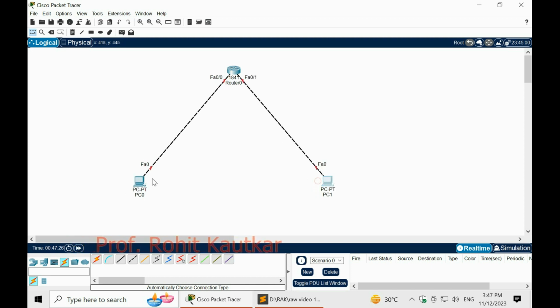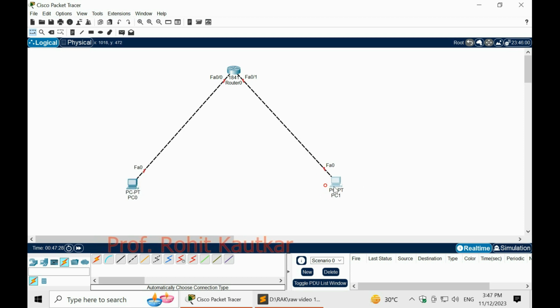Now our connection is ready, and quickly we will put notes regarding what IP addresses they will have. I will select this note and place a note for this interface, FA0/0.